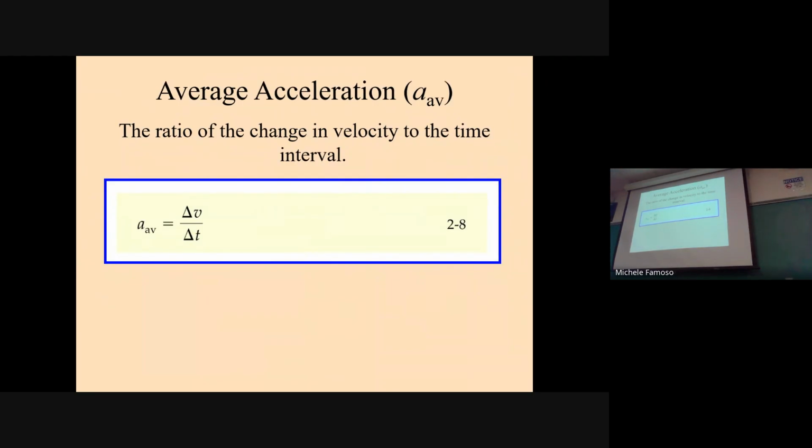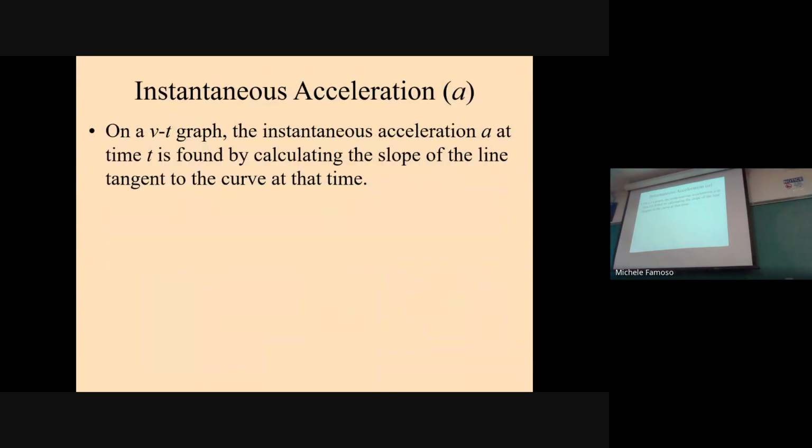When I talk about an average acceleration, we're looking at the ratio of the change in your velocity over the time. So on a velocity time graph, the instantaneous acceleration would be found by looking at the slope of a tangent to your velocity time curve. In Regents physics, every velocity time graph that we showed you was a line.